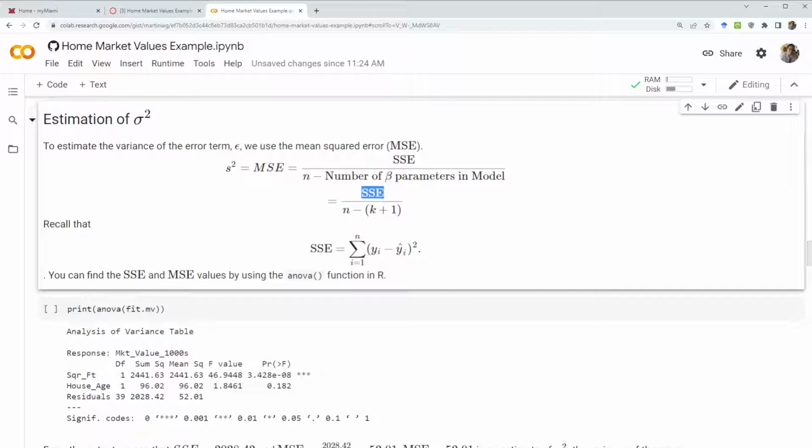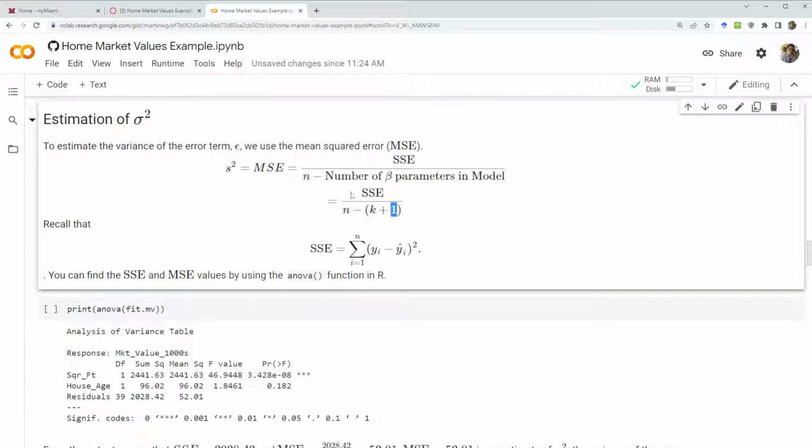divided by the degrees of freedom of the errors, which is n minus (k plus 1), where k is the number of predictors. So if we have, let's say, two predictors, 2 plus 1, because we have to estimate the y-intercept.